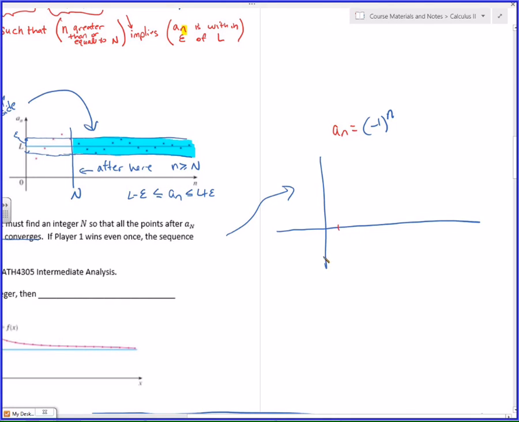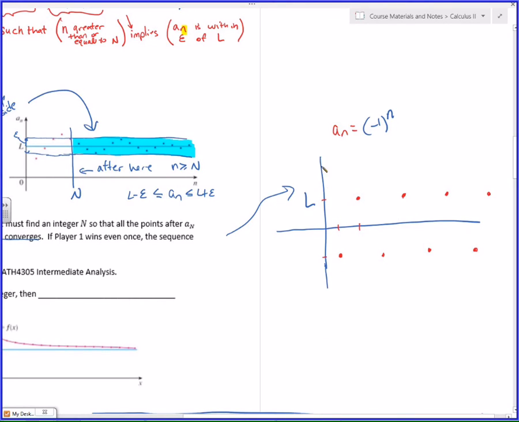At 1, it's negative 1, right? At 2, it's positive 1, negative 1, positive 1, negative 1, positive 1, negative 1, positive 1. Okay? So let's say we claimed this was L right there.